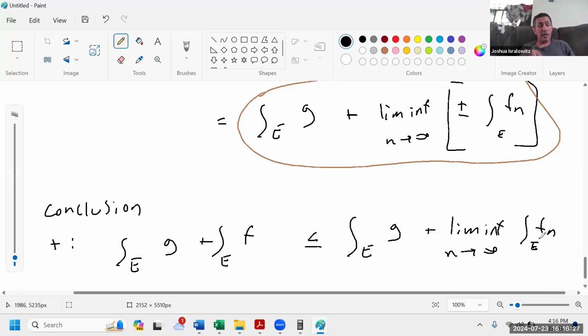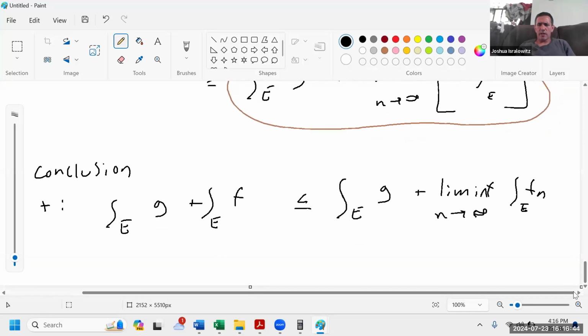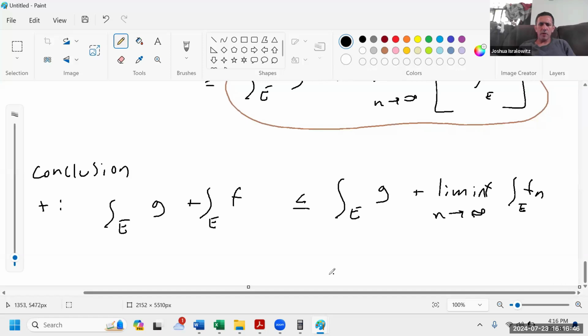And remember, the fn are not necessarily non-negative, so you cannot just use Fatou's lemma to get the half that you want. You can only do that for the monotone convergence theorem proof because there you're assuming the fn are non-negative. Okay. All right, so cancel out the integral of g because they're finite by assumption.